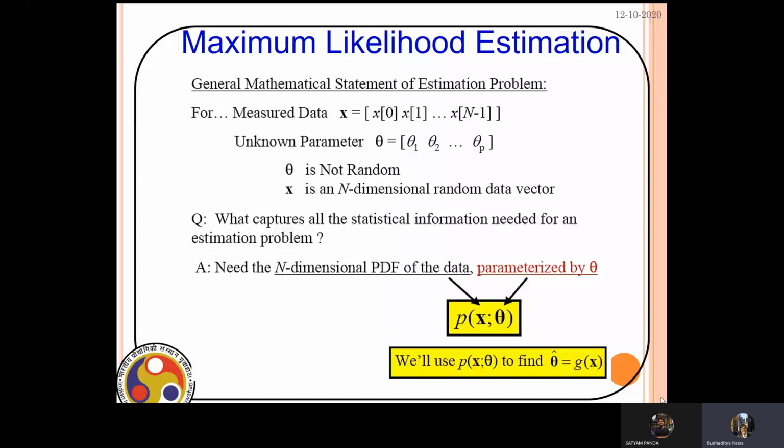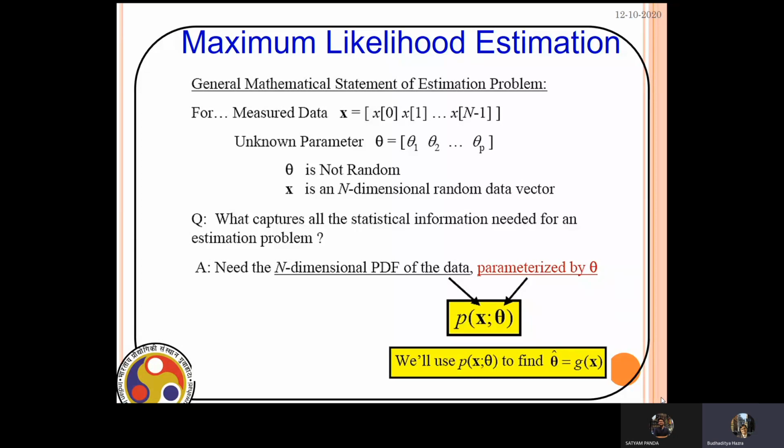That is the most important assumption of maximum likelihood: the parameters of the distribution are not assumed to be random. They are deterministic. This will not be the case in future when we learn Bayesian estimation, where even theta gets random, that is, the parameters themselves become random. But here the parameter is not random.